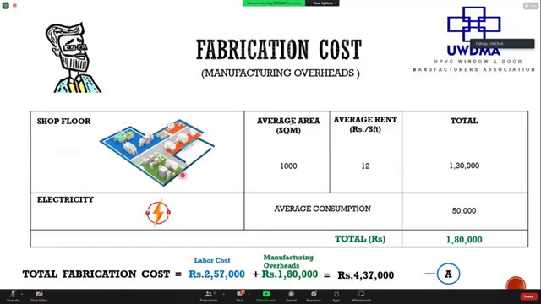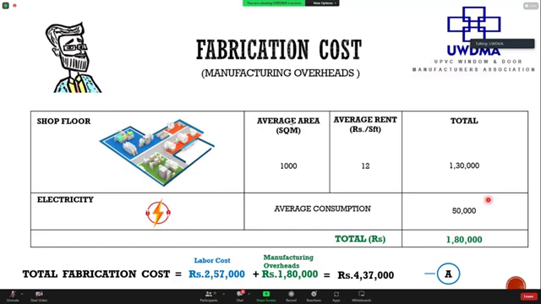Then the next cost is the rent of the space where you are making your windows. That rent will come here, and the electricity bill which you pay on a monthly basis will also come here.